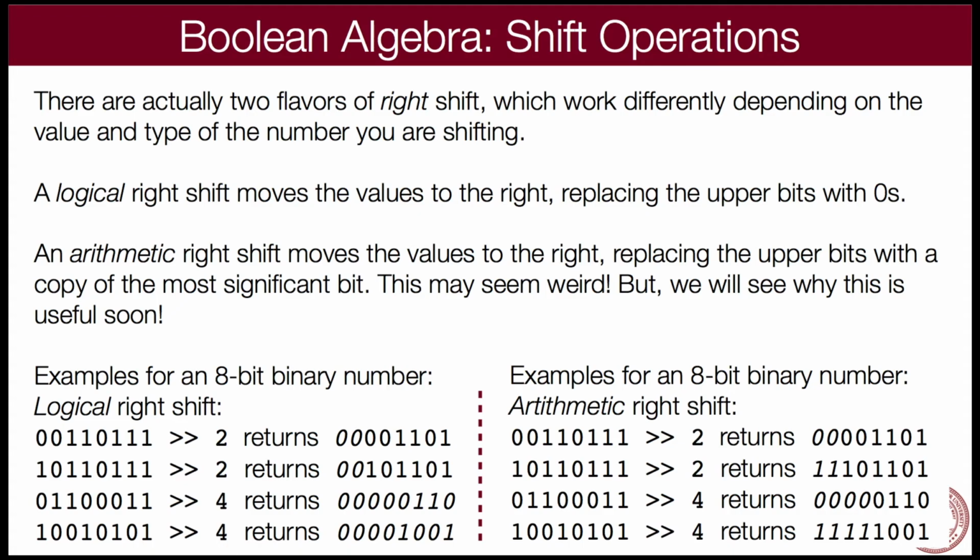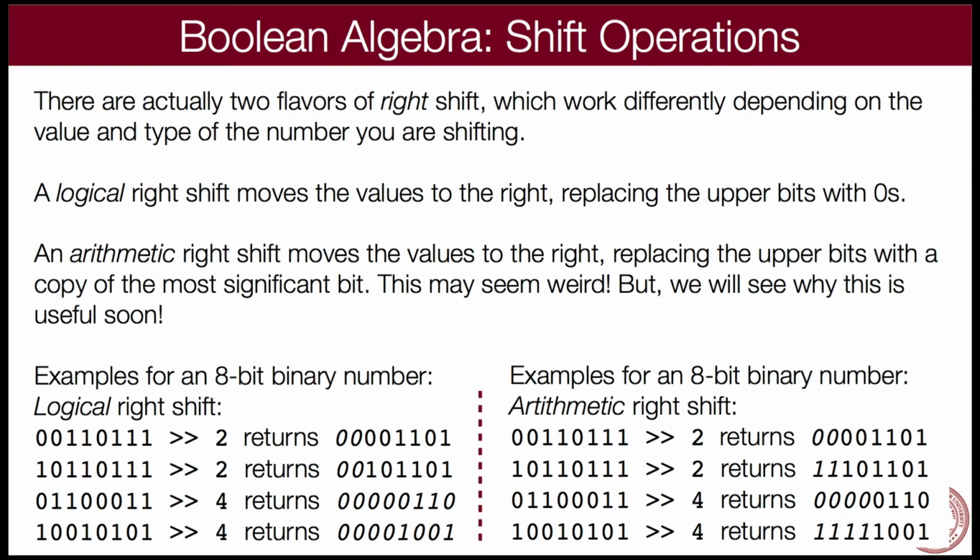An arithmetic right shift is a little bit different. What it does is it says, what's the most significant bit? That's the one I'm going to shift in. What that means is this. If the most significant digit is a 1, you replace any new ones that you shift in with 1s. If it was a 0, you make them zeros.